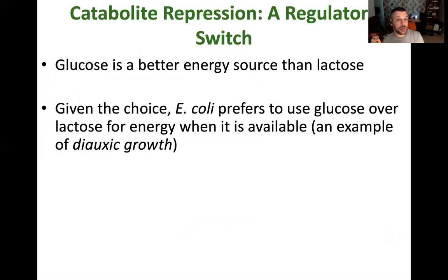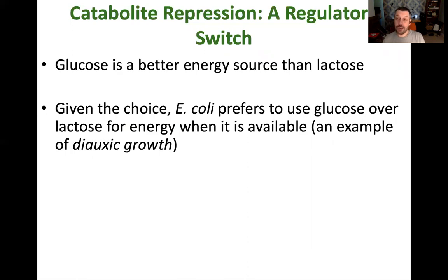In fact, in almost every cell, not just a bacterial cell, glucose is your primary source of energy. It is directly entered into cellular respiration, as you know from your cell bio studies of that process. So glucose is a better energy source than basically anything else, including lactose.